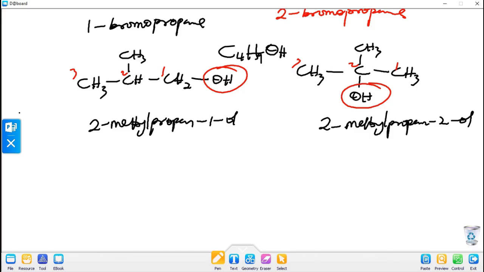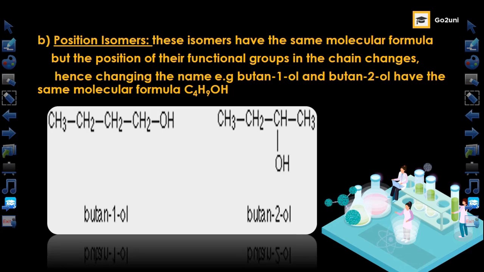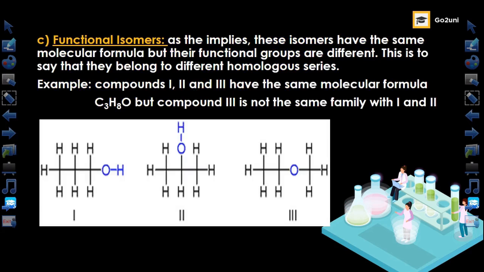So away from position isomerism, let us look at the next type of isomers. That is functional isomers. What do we mean by functional isomers? As the name implies, it has to do with functional group. And what do we mean by that?